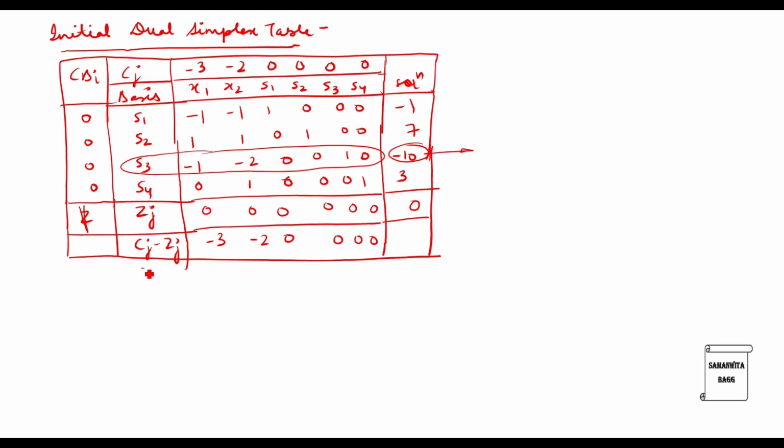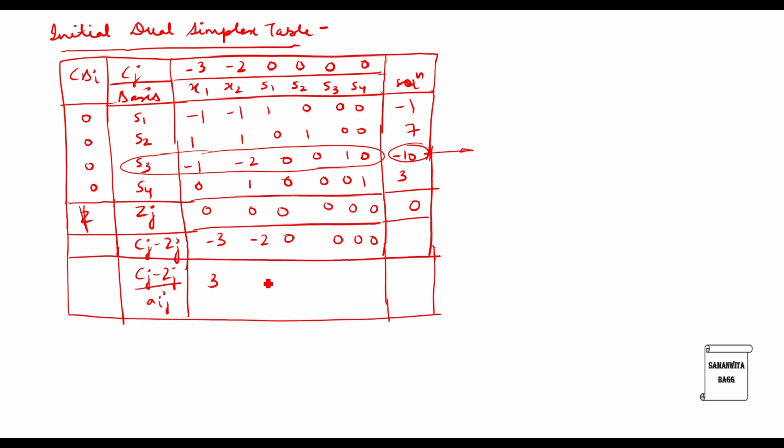Now I am going to calculate Cj minus Zj upon aij of the key row element. So this becomes minus 3 by minus 1, minus 2 by minus 2. These are 0. Now here the minimum value is 1. So x2 is going to enter the solution.